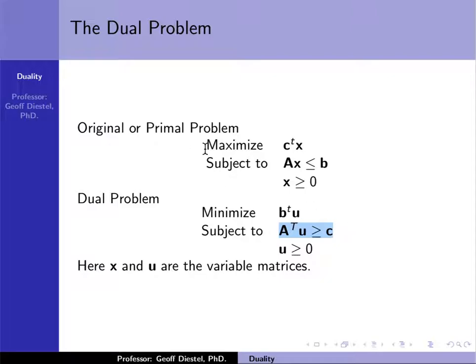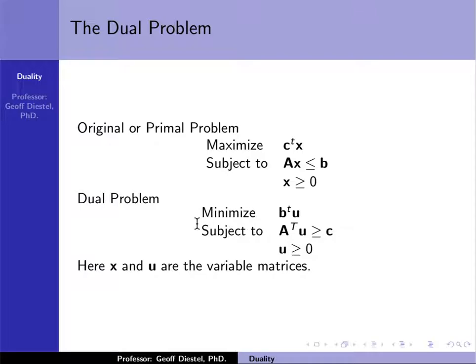So we call this first problem, this maximization problem, the original or primal problem. You'll see different words used for this. The dual problem of this maximization problem is obtained by simply creating this minimization problem below. What we have to do is introduce new variables.